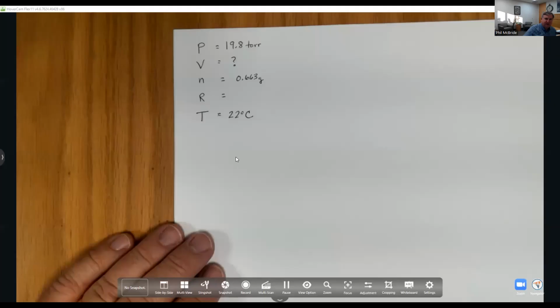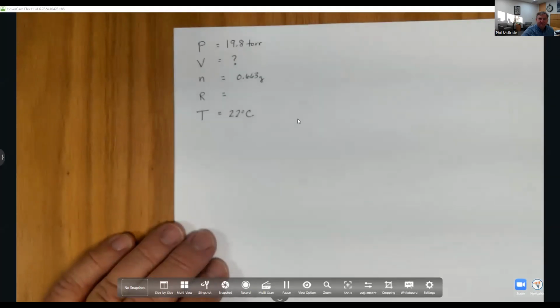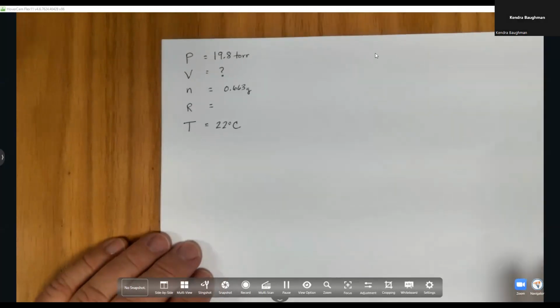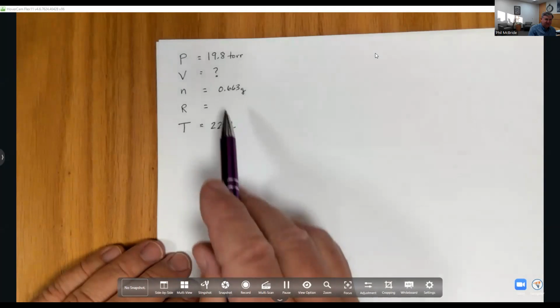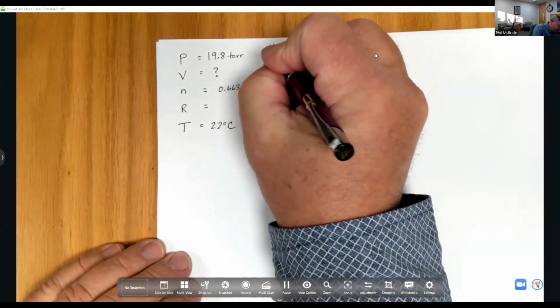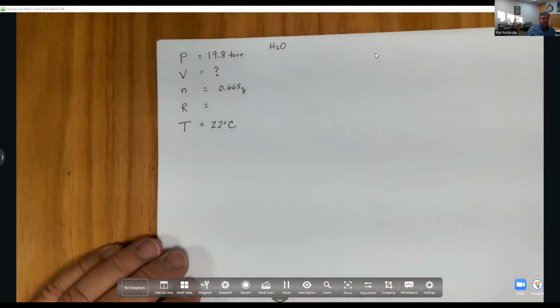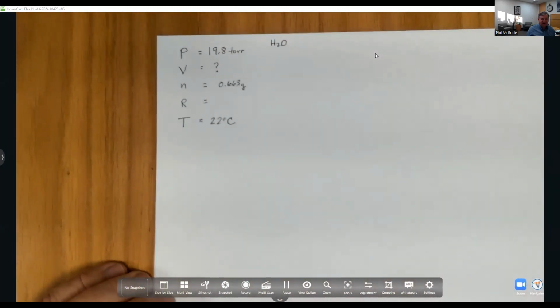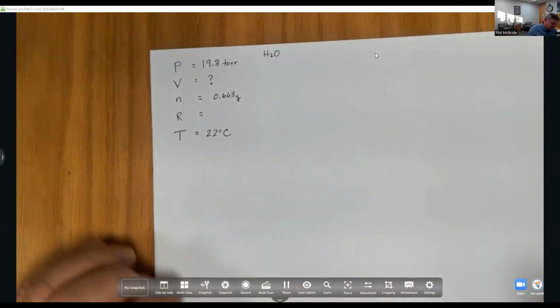So I know pressure, 19.8 torr. Volume I don't know. And this is for water. So how do I change 0.663 grams of water into moles of water?